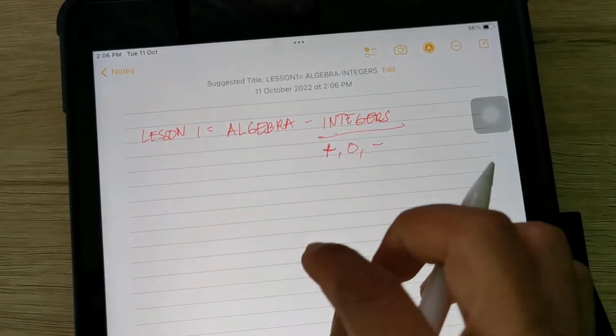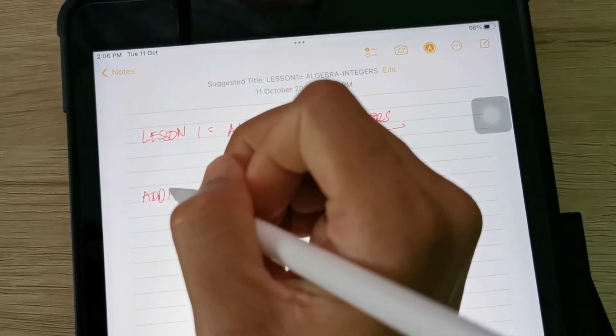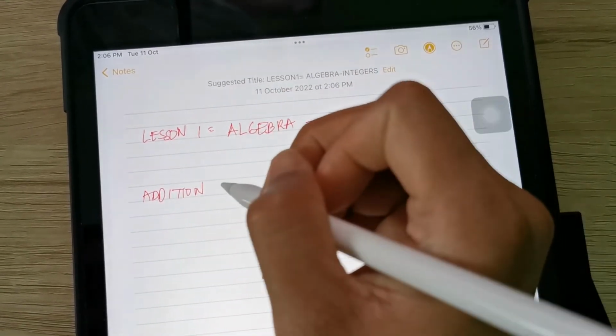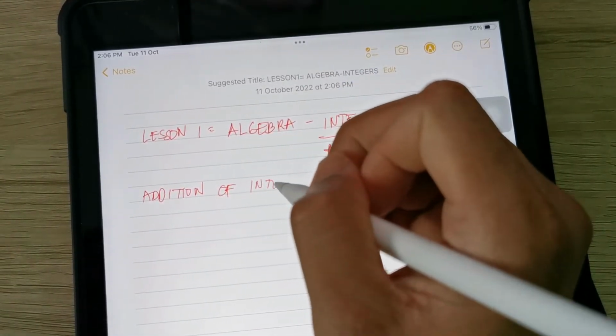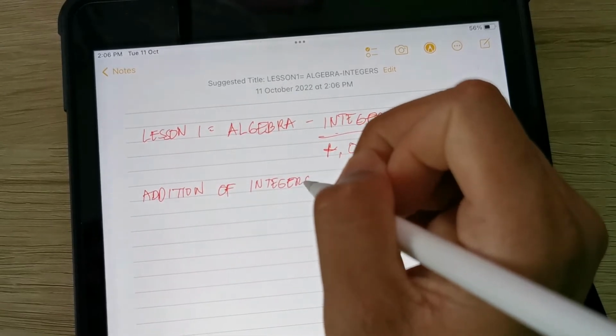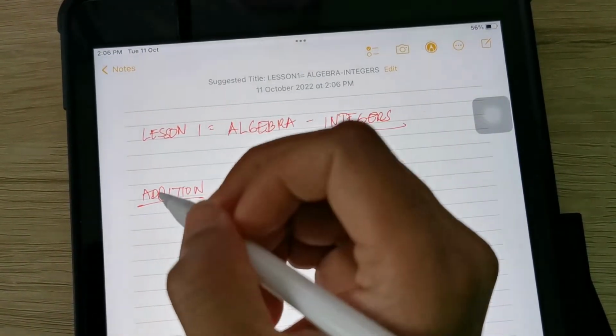And let's go straight to addition of integers. So in addition, there are two cases.